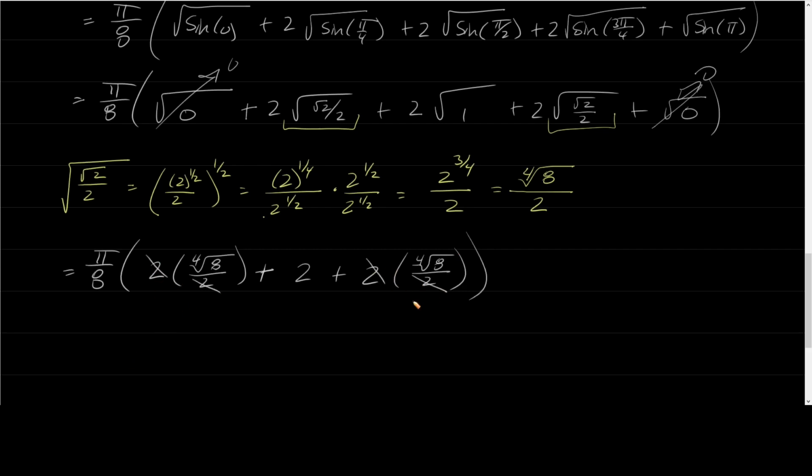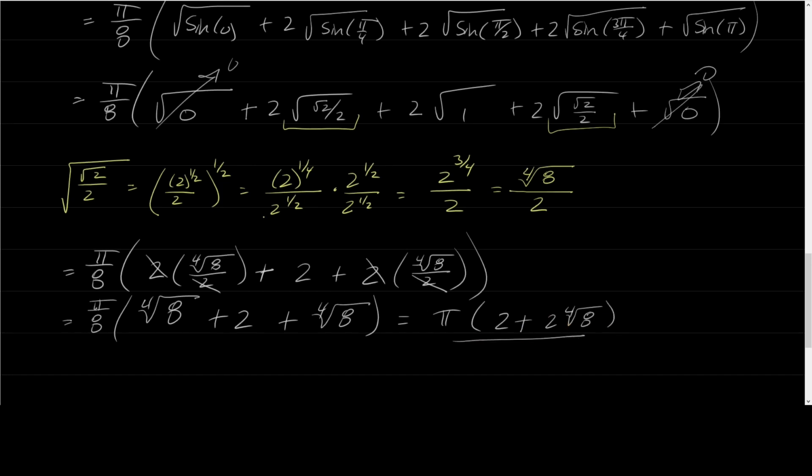These 2's cancel out, so I get pi over 8 times the 4th root of 8 plus 2 plus the 4th root of 8. Inside here, this just reduces to pi times 2 plus 2 times the 4th root of 8, all over 8.